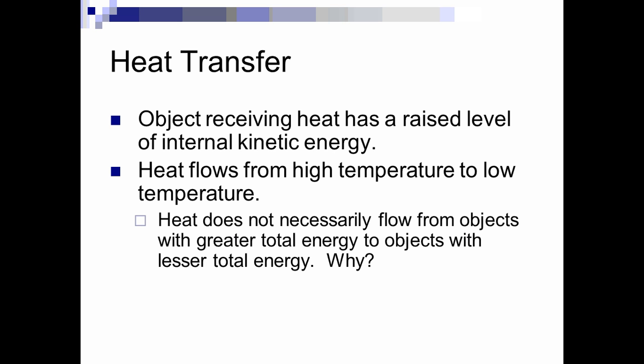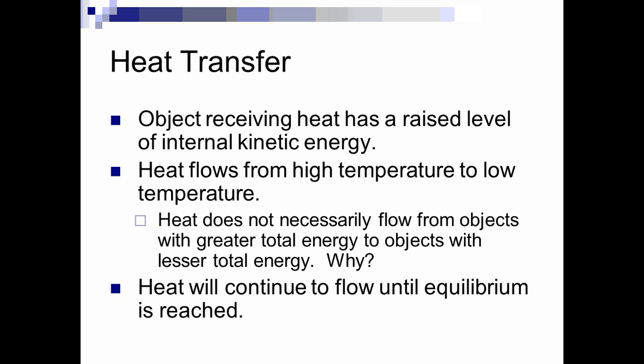But each particle in the cocoa has more energy than in the room, so the cup will give the energy to the room. So it's not total energy, it's the average energy, the amount of energy per particle. The energy will always flow from the hot cocoa to the cold room.